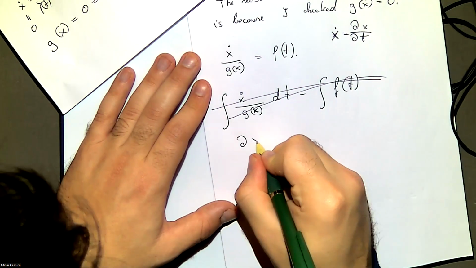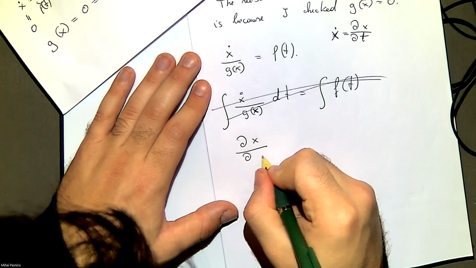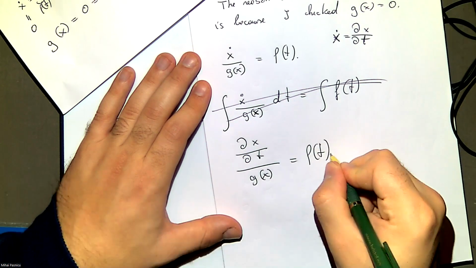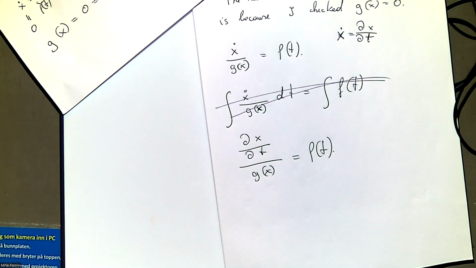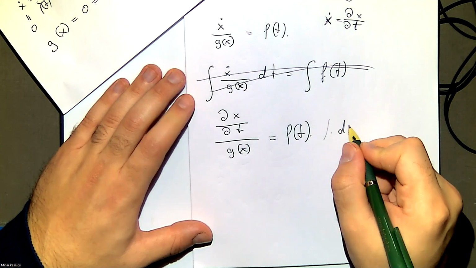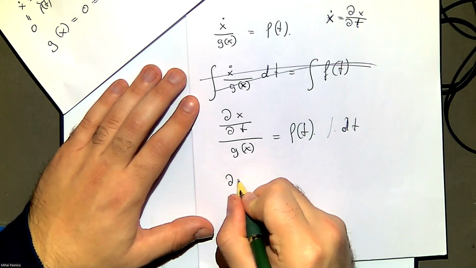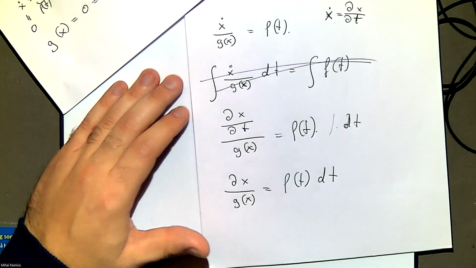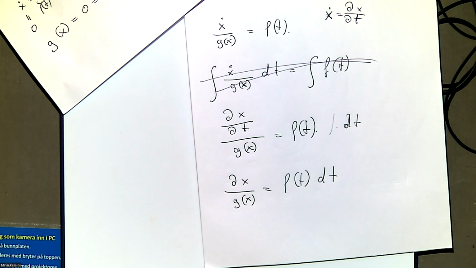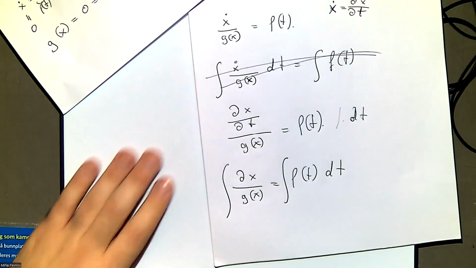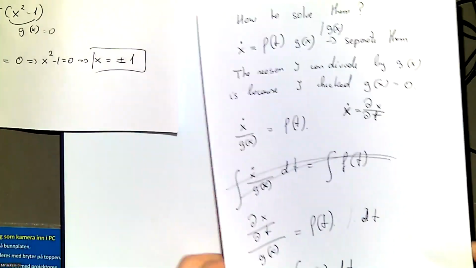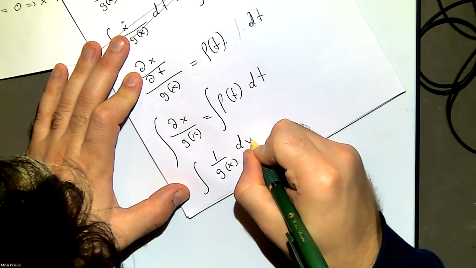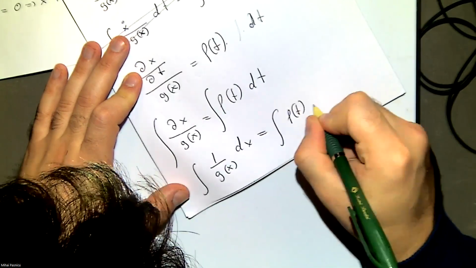So let's just write it like that, so maybe it's clear why I do what I'm doing. Okay, this is the equation, and now I multiply by d of t on each side, and I get dx over g of x is equal to f of t dt. Now if I integrate both of them, this is just the integral of 1 over g of x dx is equal to the integral of f of t dt.